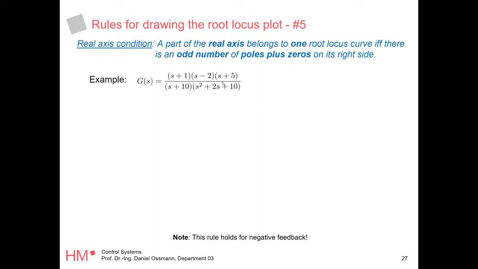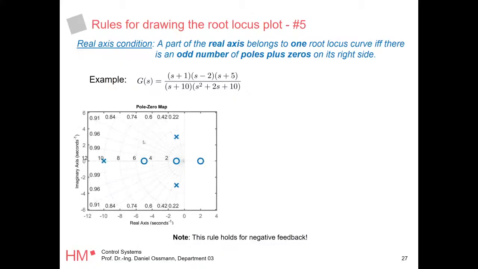Let's take this example from before. It looks like this. And it really tells you, rule number 5 tells you which part of the x-axis, right? So we're talking about the x-axis, only this guy here. Which part of the x-axis is part of the root locus plot of a root locus curve?